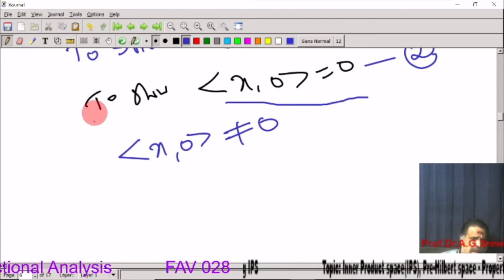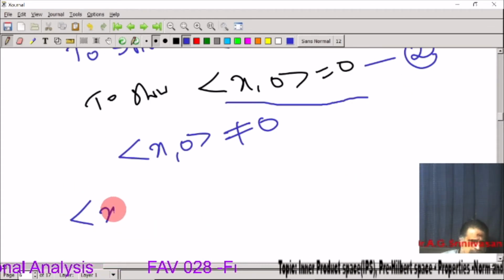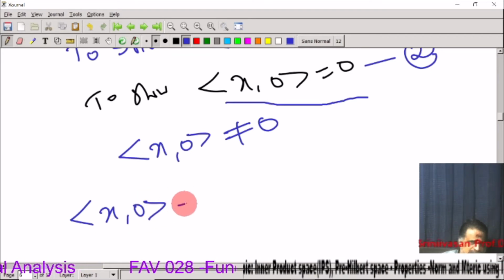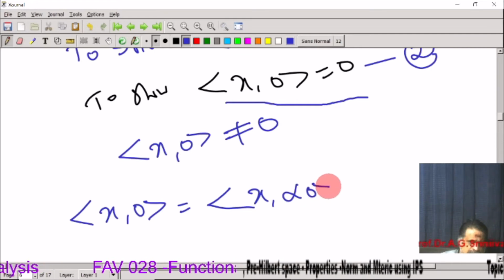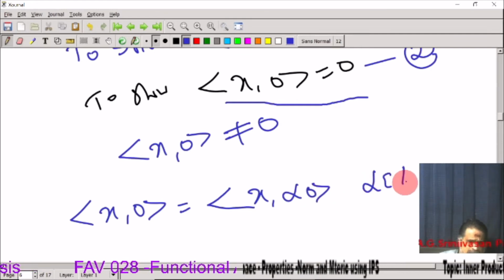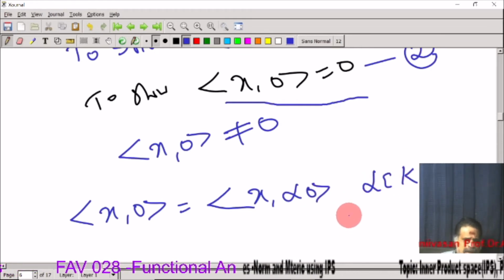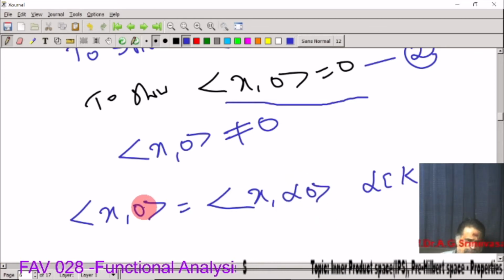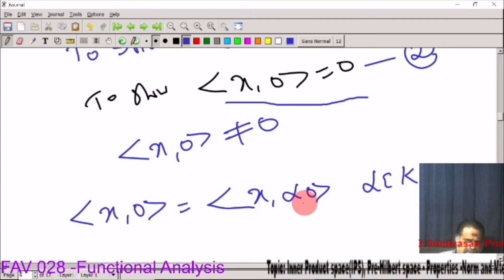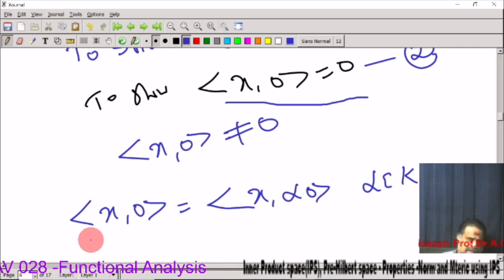Now, we take inner product x0. This x0 can be replaced as inner product x comma alpha times 0 for some alpha belonging to K, where K is R or C. You know, in a vector space, alpha 0 is always 0. Alpha is a scalar, 0 is a vector, so alpha 0 is again a vector.